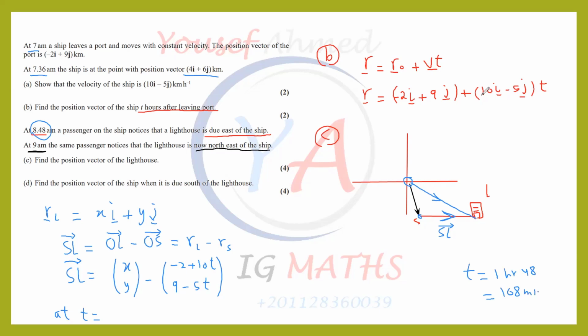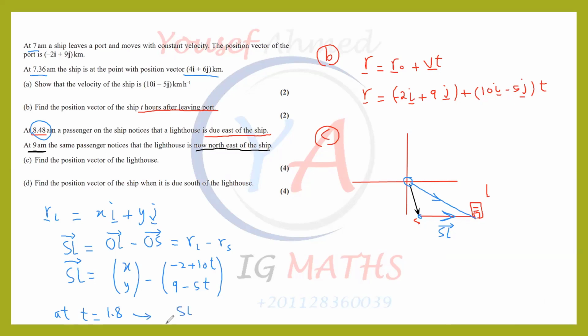If you change it into hours, it will be 108 over 60, which gives 1.8. So the time is 1.8 hours here. You need the time in hours, so it's 1.8.